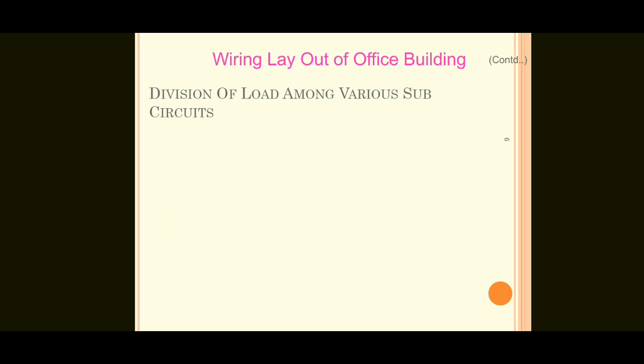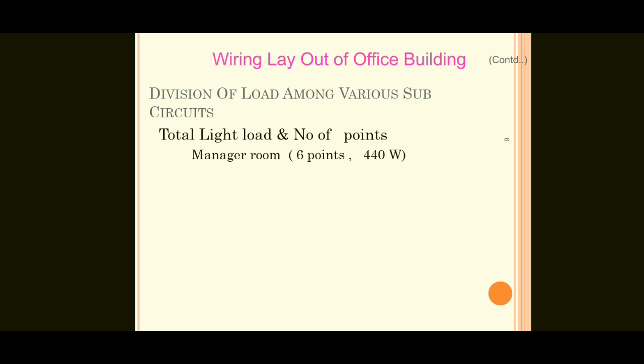Next, division of load among various sub-circuits. Total light load and number of points: manager room 6 points, 440 watts; ground floor 24 points, 1760 watts; first floor 21 points, 1560 watts.